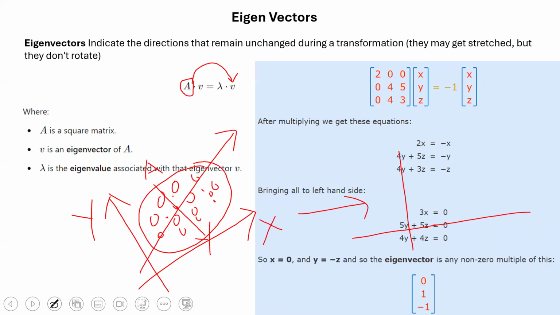Now you will make the eigenvectors' direction the principal axes. The axis with the most variance is the principal axis. If you look at these points, the stretch is more here, so the variance is more here.